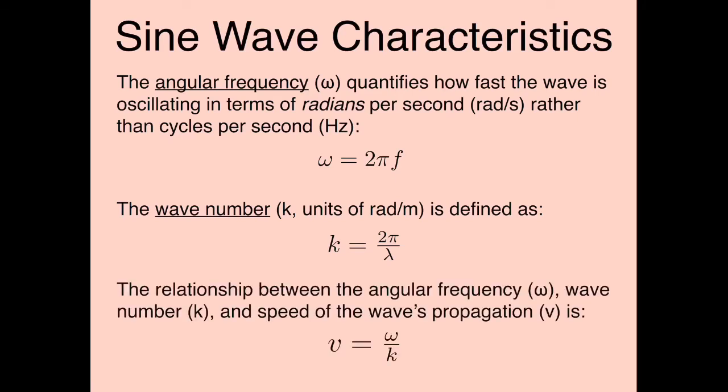And of course, we can relate this to the speed of propagation v, just like we did before. And the relationship there is v is equal to omega divided by k.